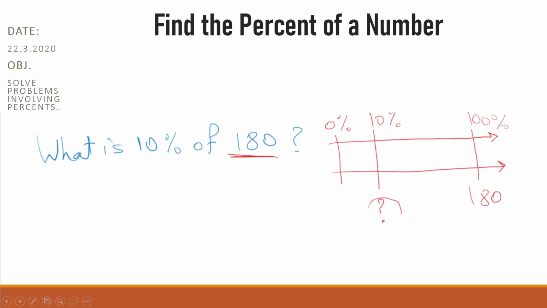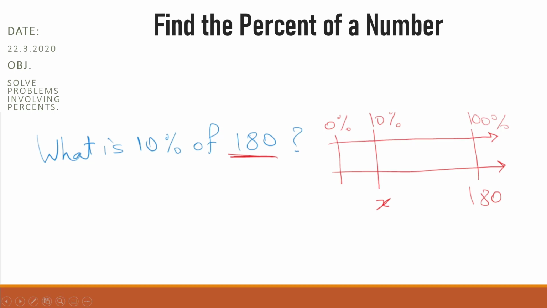So instead of writing a question mark, we can use a letter or a symbol X for the unknown. The unknown here, X, is the value that is equivalent to 10%, while 180 is equivalent to 100%.